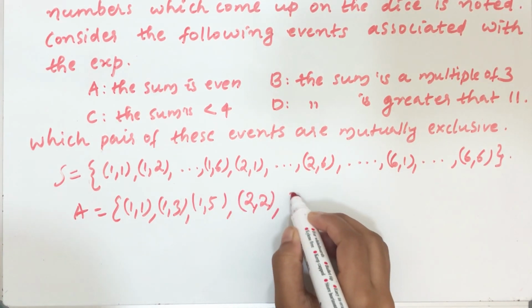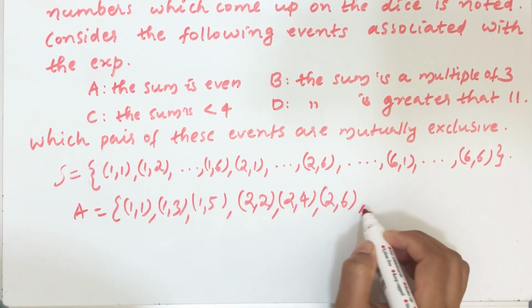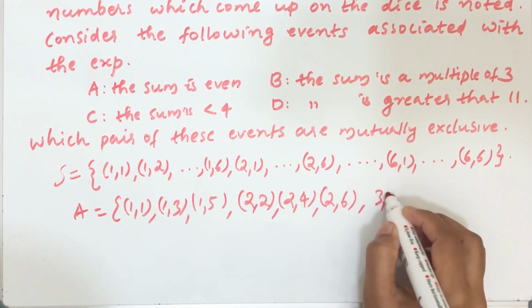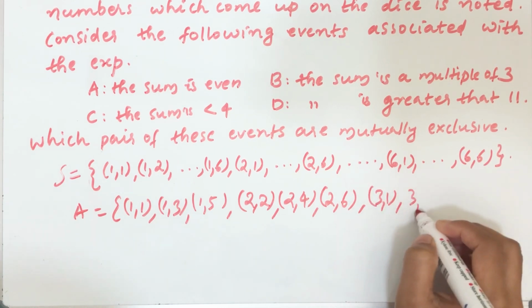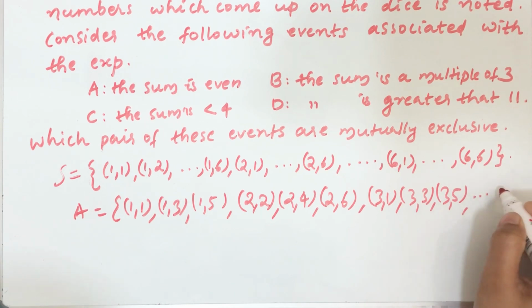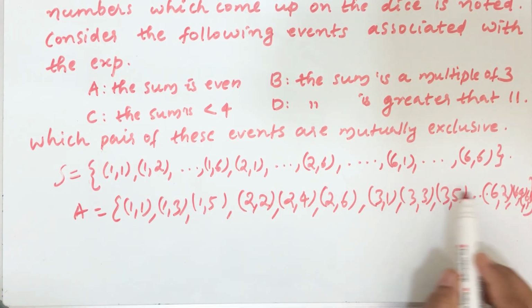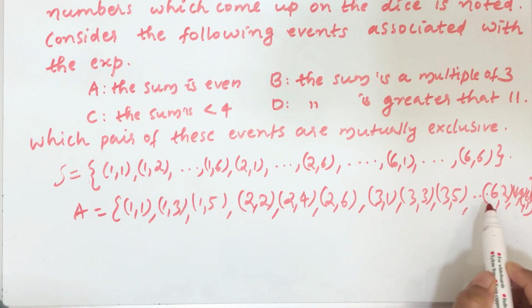Like that, all even pairs, (2,4) is even, (2,6) is even. Like that, (3,1) is even, (3,3), (3,5), and so on, up to (6,2), (6,4) and (6,6). Write all the elements, don't write etc.